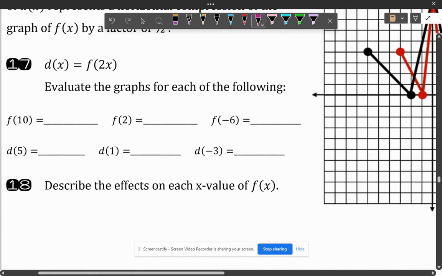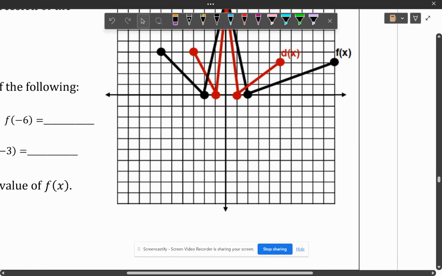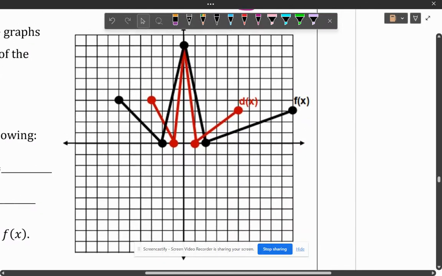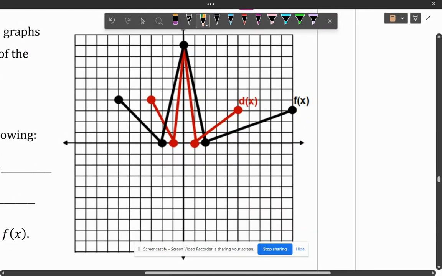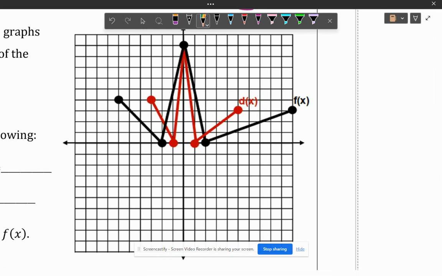So let's take a look. D of x is f of 2 times x inside our parentheses. Looking at the function at some of our values, let's take a look at f of 10. Okay, this is the point 10, 3. If I look at the corresponding point on D, this is the point 5, 3.